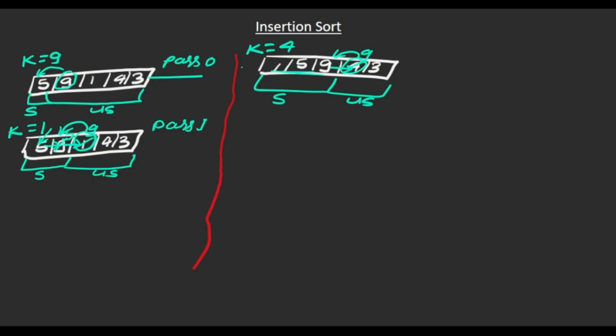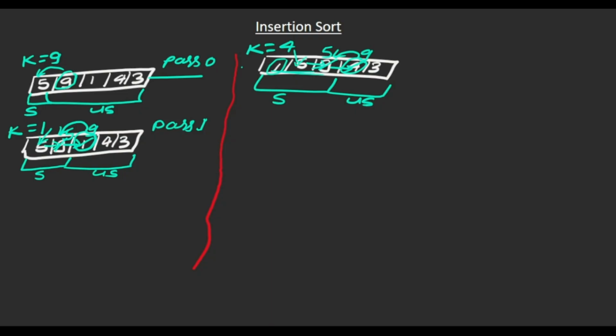Since 5 is greater than the key, again shift will happen. 9 becomes 5. Now again 4 will be compared with 1. Now here, since key is greater than the element in the sorted array, we stop here and we do the swapping, right? Because we have found the place of our key.